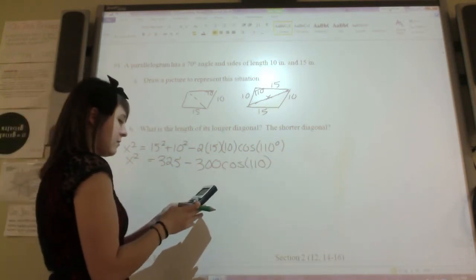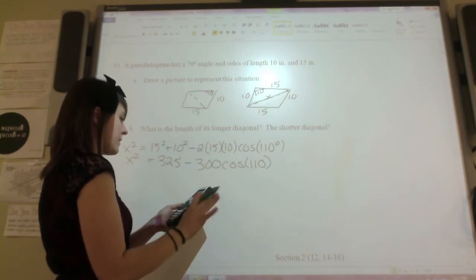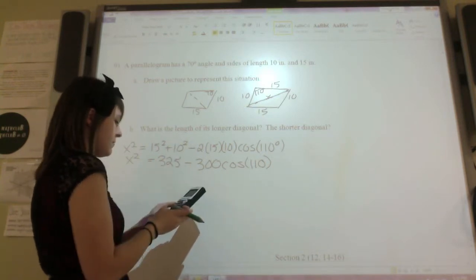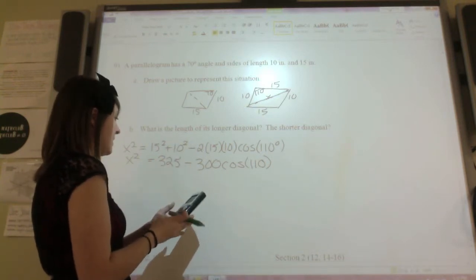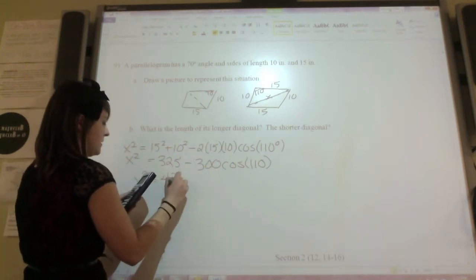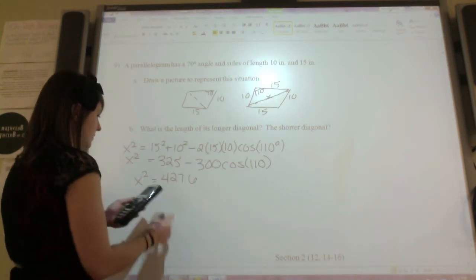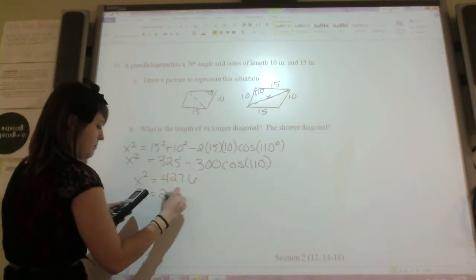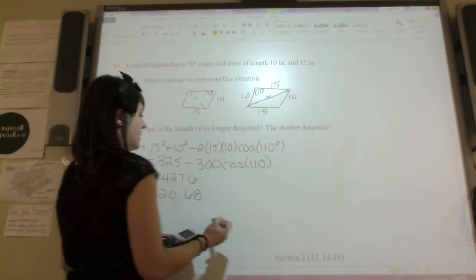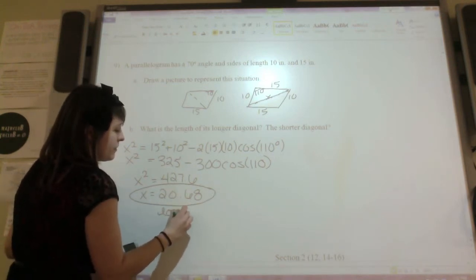So if I take 300 times the cosine of 110, that gives me like negative 102.6, and then I'm going to take 325 minus that answer, and I get x squared equals 427.6. Then I take the square root of that answer, and I get 20.68. So this diagonal here is 20.68, and that's the longer one.